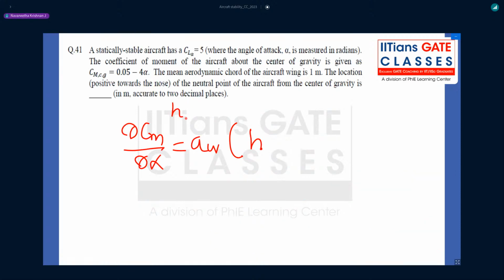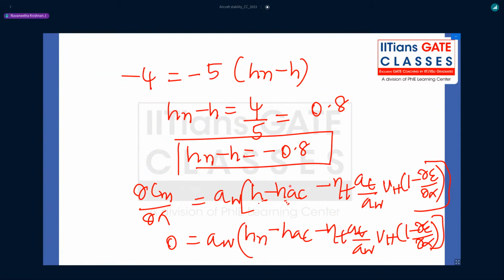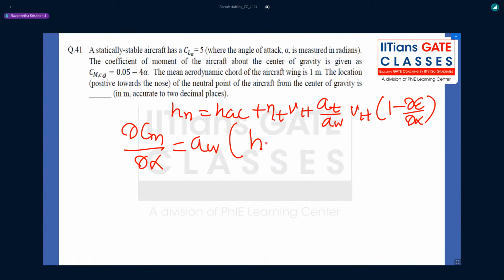So in the previous equation, instead of HAC plus eta T into AT by AW into VH into 1 minus dou epsilon by dou alpha, I substituted Hn.